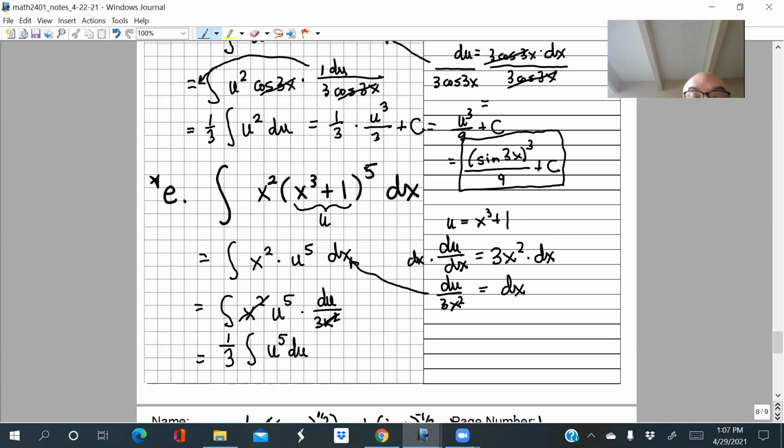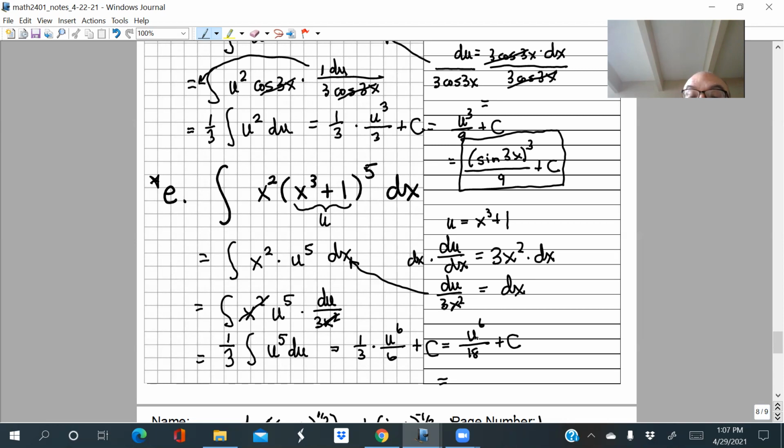And now that's a very easy antiderivative because it's just a power of u. So it's not this complicated power, right? It's just a simple power of u. And I know by the anti-power rule, that's going to be u to the 6th power over 6, right? Just add 1 to the exponent and divide by the new exponent, and then add on that constant. So I end up here with u to the 6th power over 18 plus this constant.